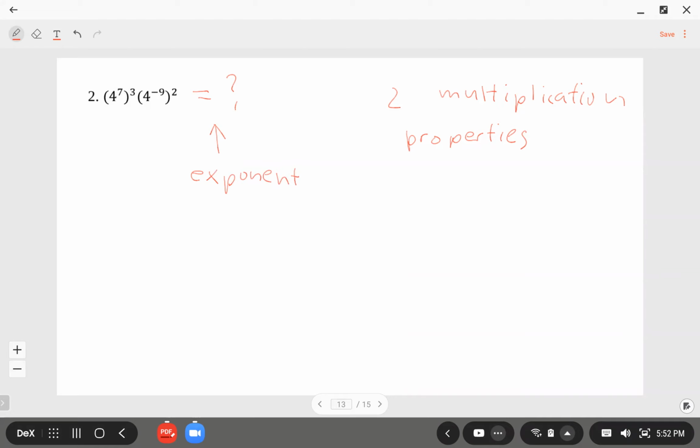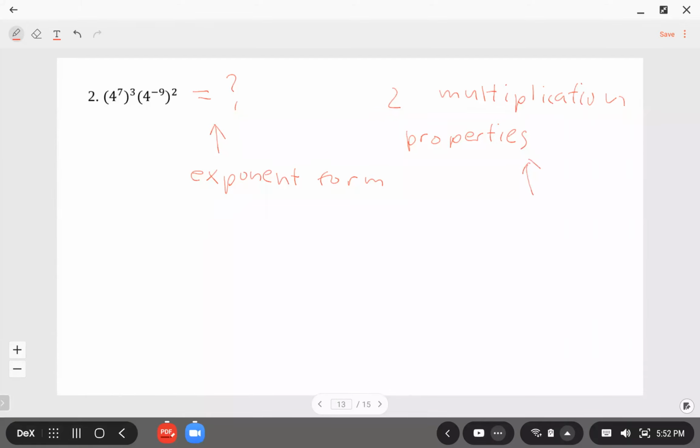Or is it exponential form? I don't know, but it's something similar. Exponent form. Just put it in exponent form. I'm not going to tell you to actually simplify it to numbers. Sometimes it's going to be a very long number. Just put it in exponent form. And also, if you paid attention or took notes during multiplication properties, you might want to get this bonus right here.